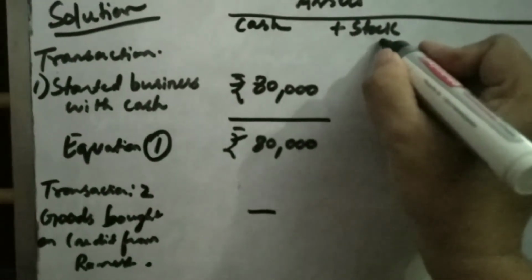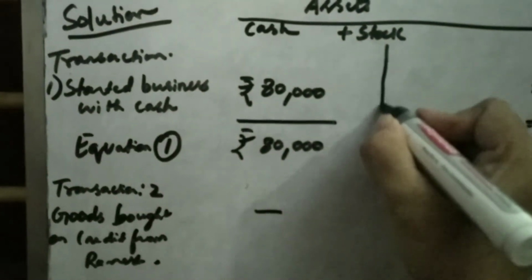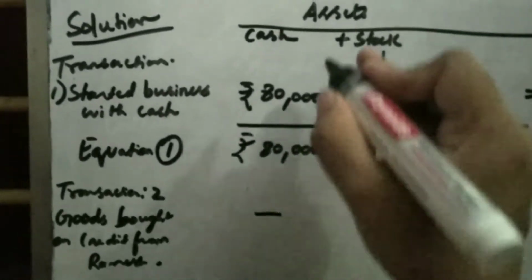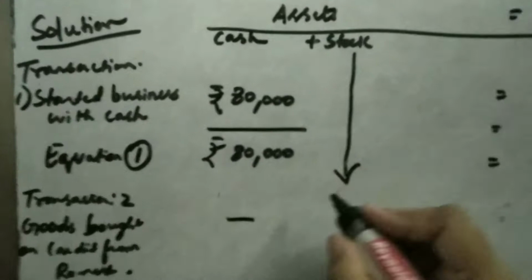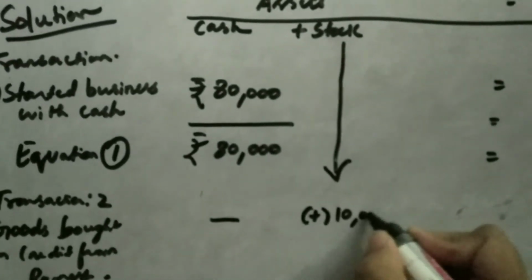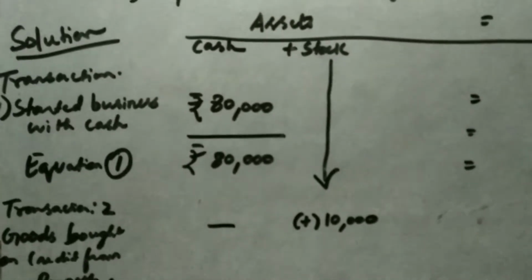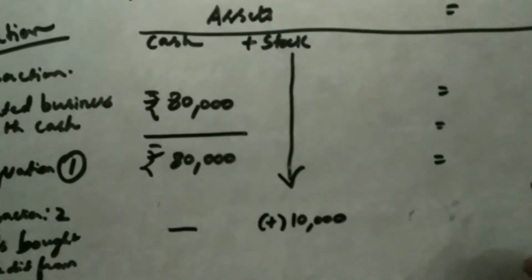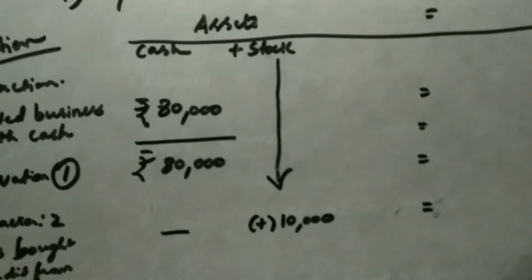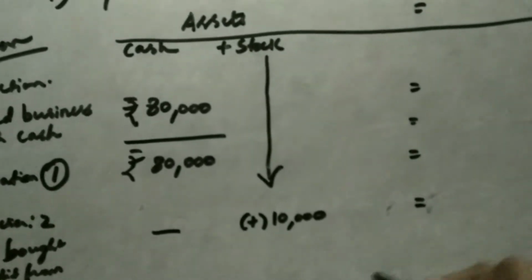Here, for your understanding, I am going to draw this, but you need not draw. There is an increase in the stock to the extent of 10,000. And there is no change with respect to the capital.